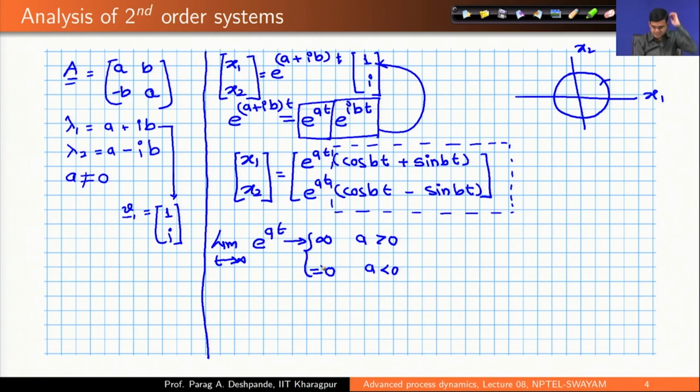We know this functional form, right, which means that the circular effect of keeping the radius of the circle constant will be augmented by the term, and the term will keep on increasing with time for a greater than 0 and keep on decreasing, diminishing to 0, for a less than 0. Simple. So, let us see if this is the case.